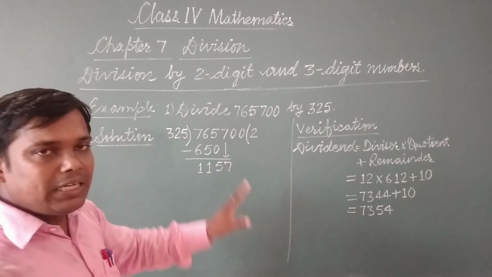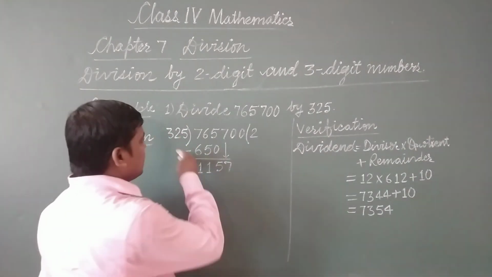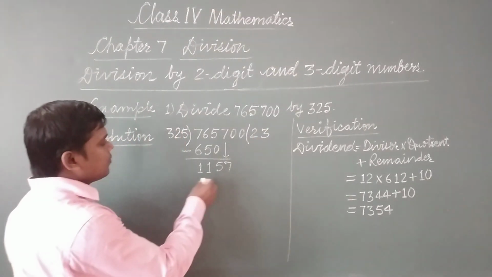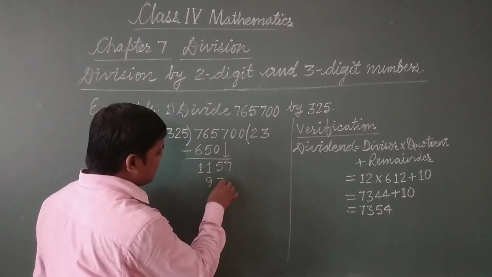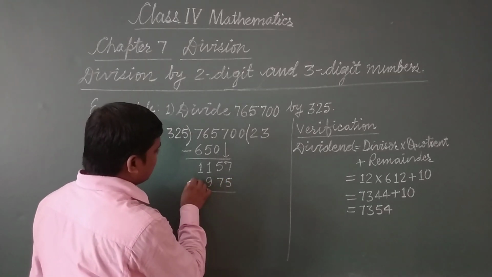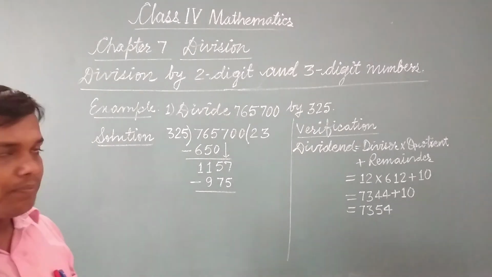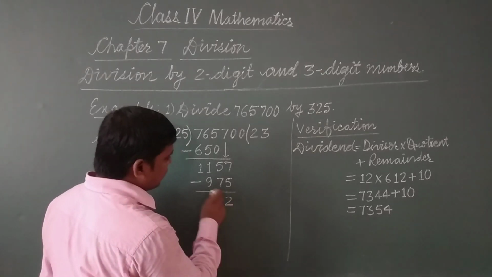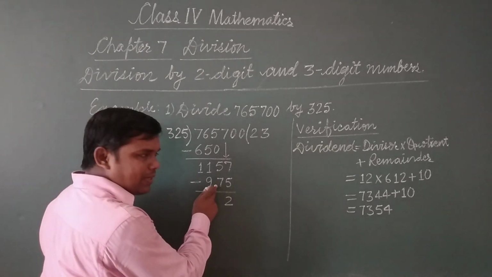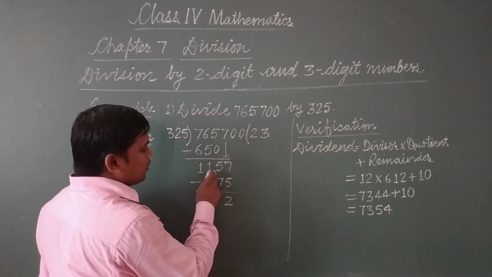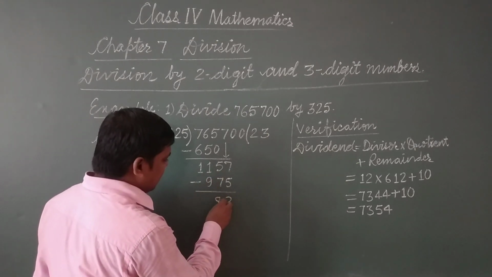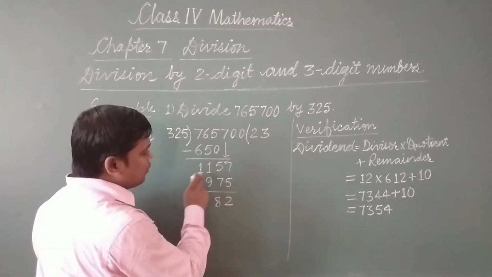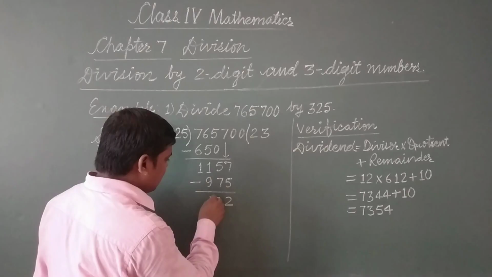So we write 3 times. 325 threes are 975. Then you will subtract. 7 minus 5, 2. From 5 we cannot subtract 7, so we take 1 more. So 15 minus 7, 8. Here 0 is left. Now 1 and 0, so 10 minus 9, 1.